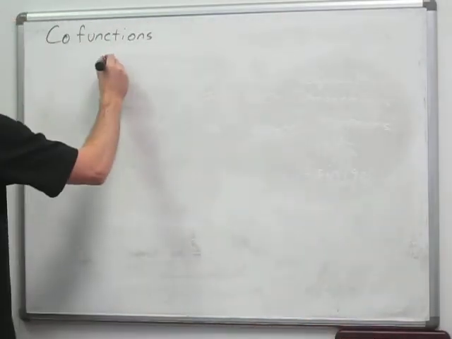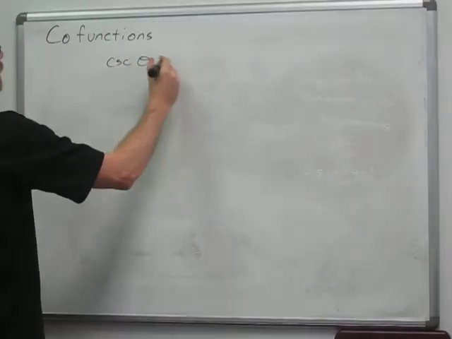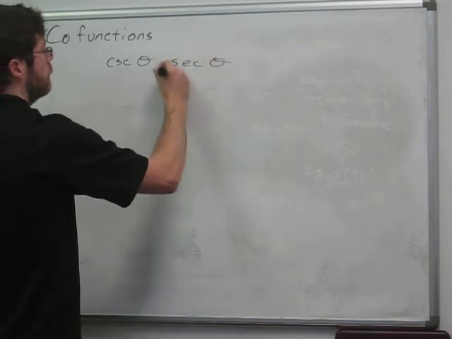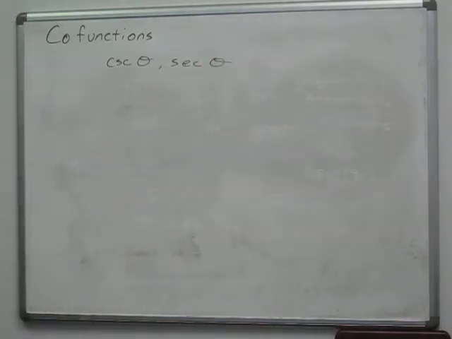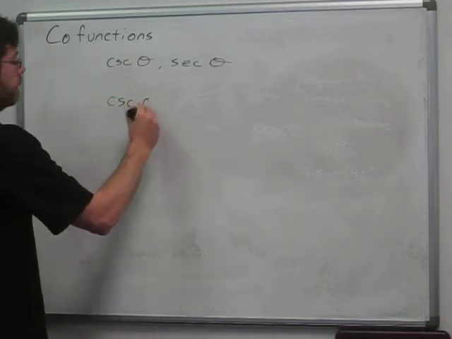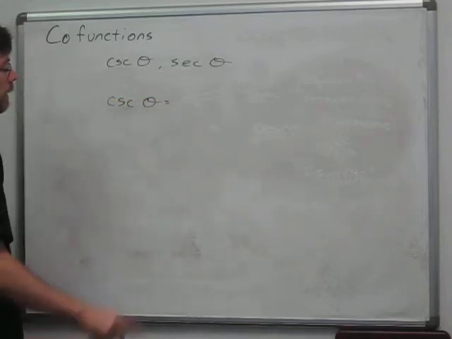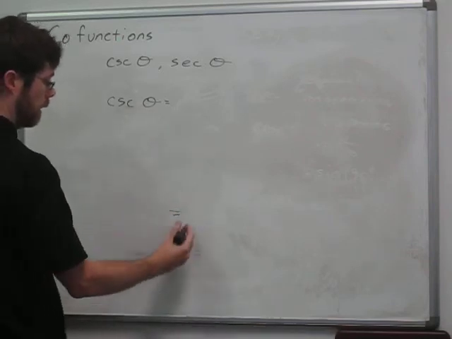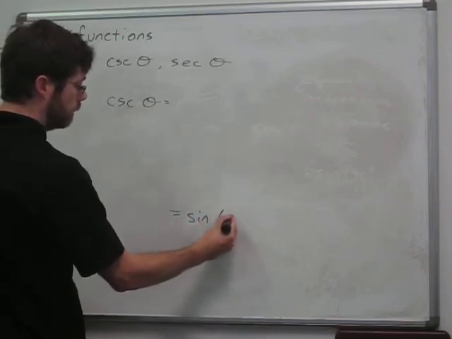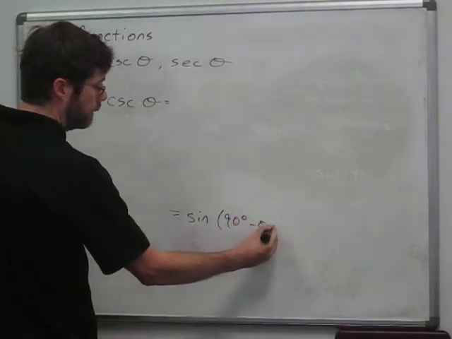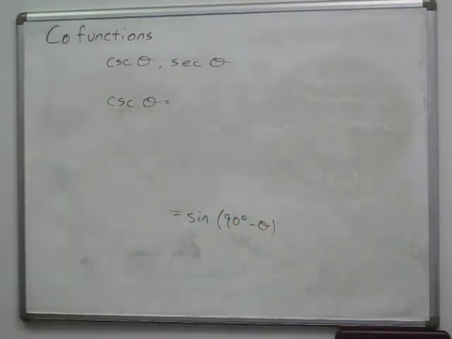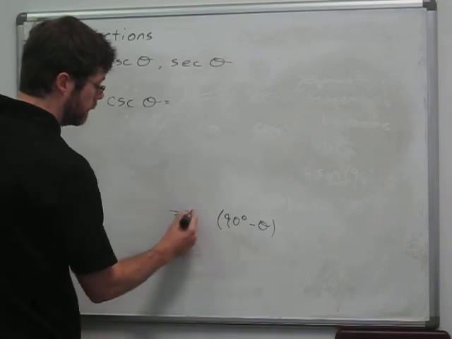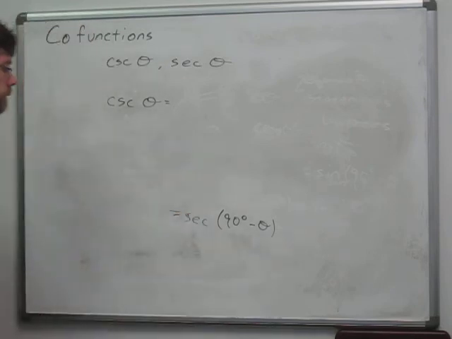We are told that cosecant and secant are cofunctions. How might I prove that? Well, I'm going to start with the cosecant, and eventually I want to get this equal to the secant of 90 degrees minus theta. Right?